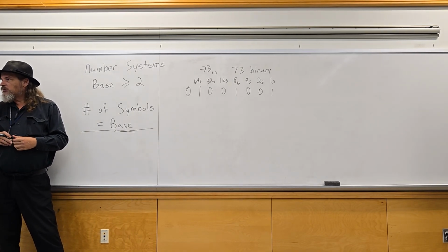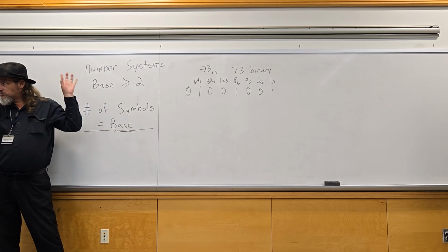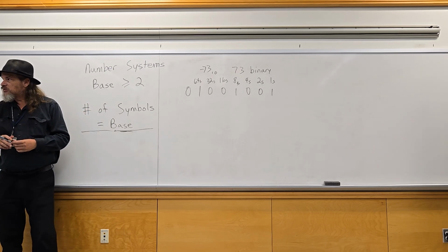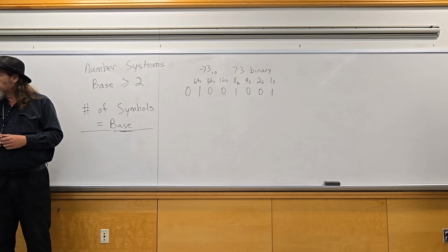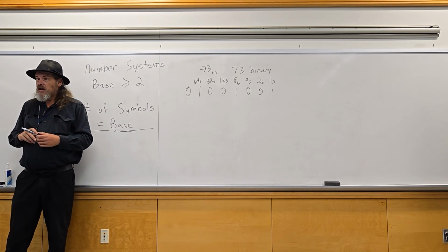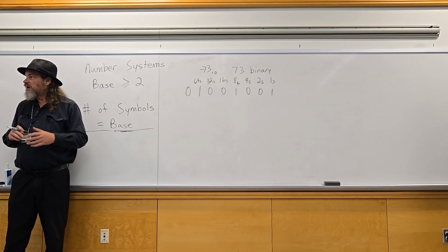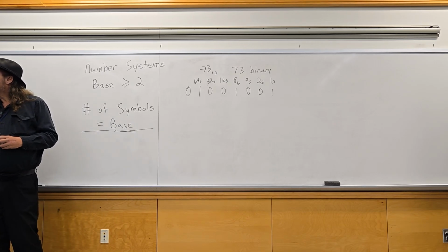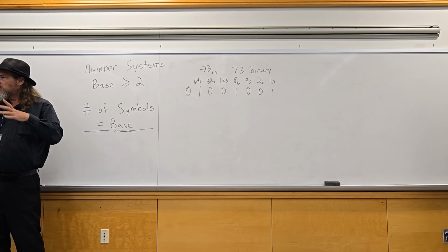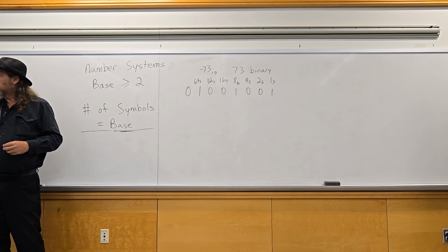If you're dealing with 16-bit numbers, you'd pad it with however many zeros you need to make it a 16-bit number, to make it an even multiple of 4. Anytime you're dealing with 8-bit numbers, whether it's positive or negative.